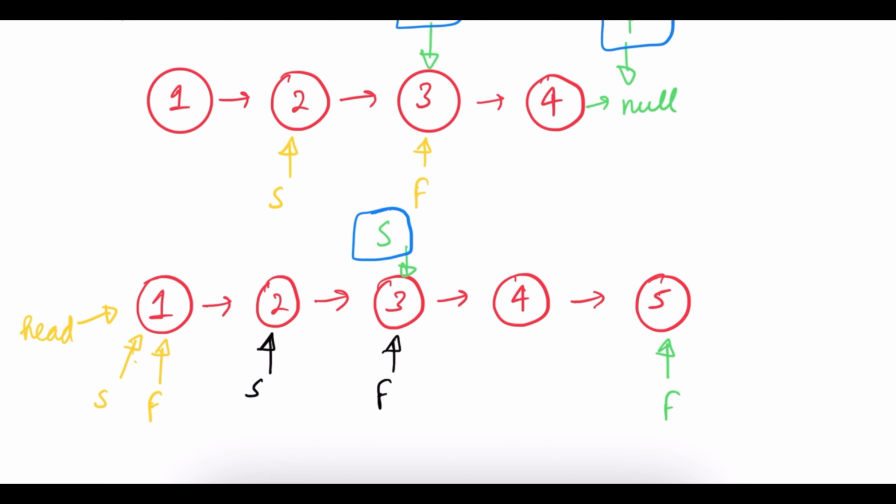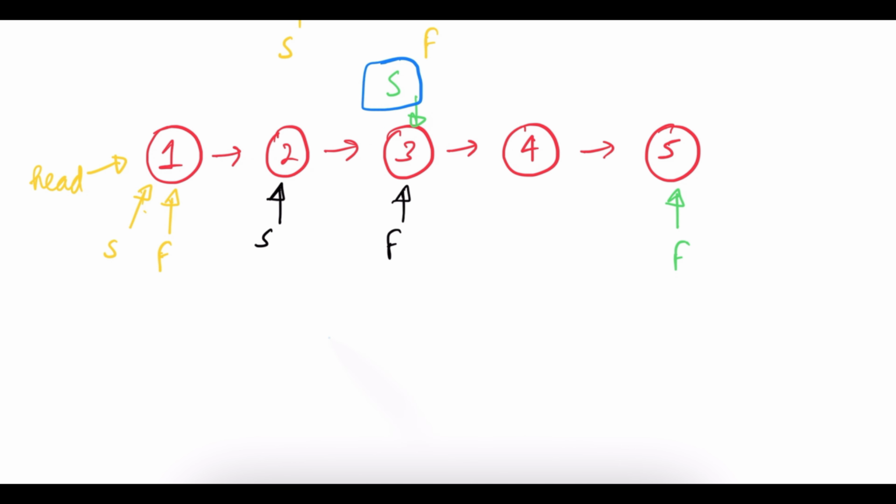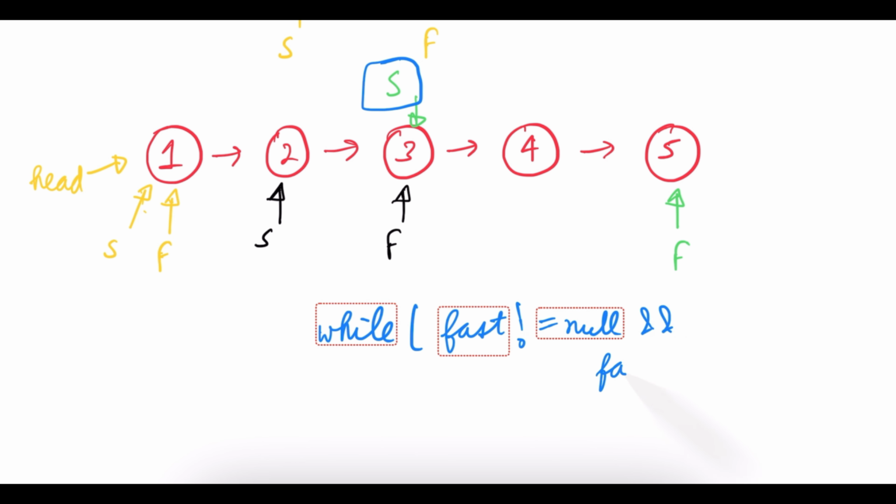So our while loop is going to have checks: while fast is not equal to null and fast.next is not equal to null.